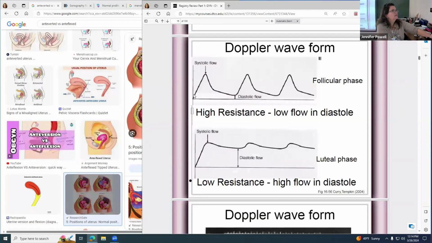So this follicular phase, you've got high systolic flow, low diastolic flow, which is high resistance, right? And then when you're moving into that luteal phase, where your ovary is making that corpus luteum cyst to potentially support a pregnancy, you've got low resistance and high flow.